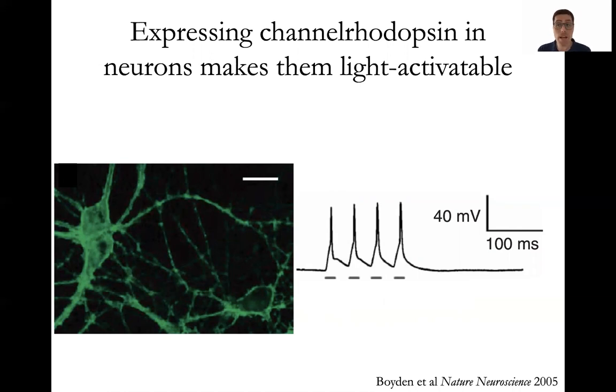When you have enough of this protein expressed in the cell and you shine light on it, as shown by these bars here, you can generate enough current in those cells. You have enough cations rushing into the cells that you can get action potential generation in that neuron. That's what's shown in the black trace here, the electrophysiological record, voltage versus time, showing the spikes generated by the light.